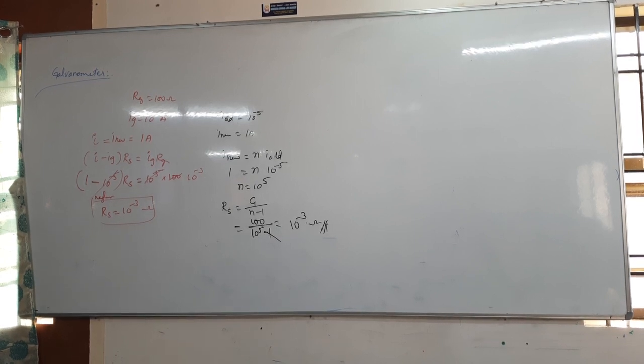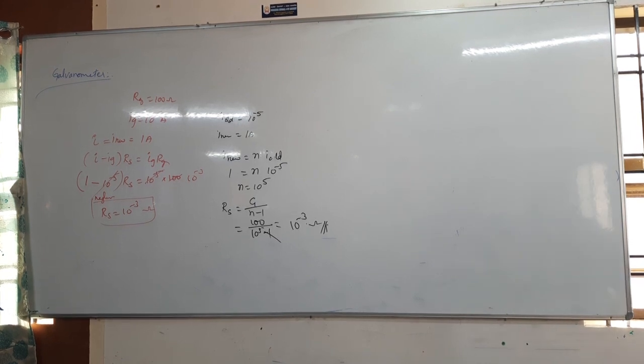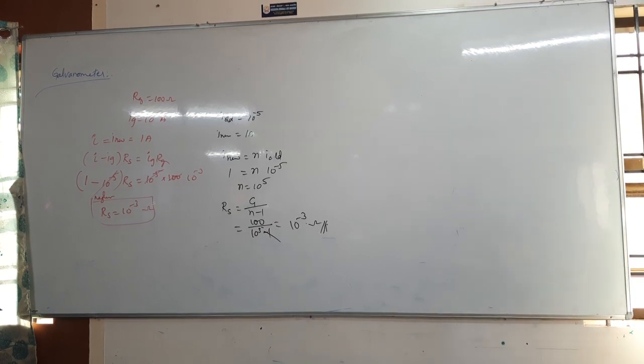Next problem. This one is a little twisted question. Write that Rg is equal to 10 ohms. The number of divisions in the scale of the meter is 50. I said scale means what you have to take? Galvanometer.